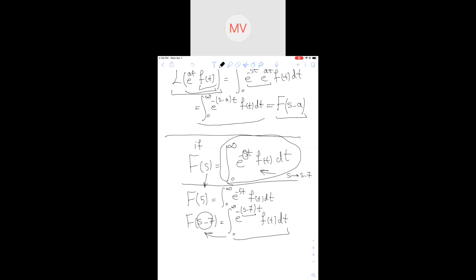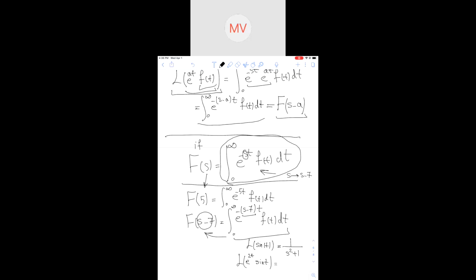So that tells us, I'll do an example simultaneously. Consider Laplace of, let's do cosine of t. Let's do sine of t, it's better. Sine of t. What's Laplace of sine of t? It's 1 over s squared plus 1. Okay? Now I'm going to multiply sine of t by e to the 2t, and then take Laplace of that.